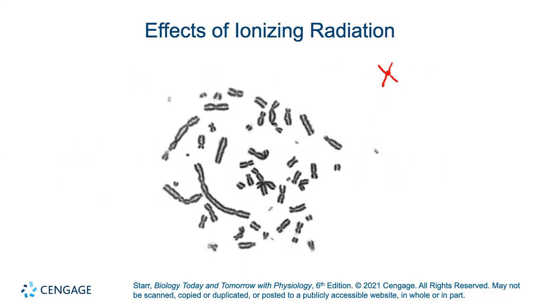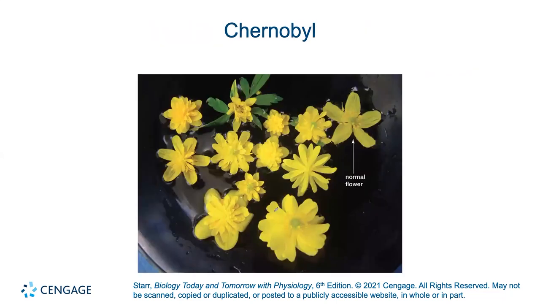We have more of these elongated structures, or fragmented structures. That is because of the damage produced by the energy from the ionizing radiation that basically blows chemical bonds apart.